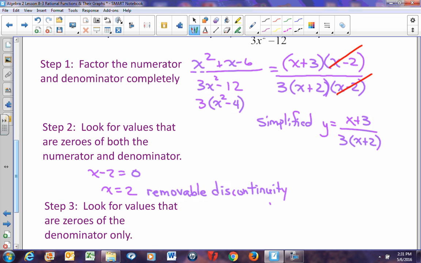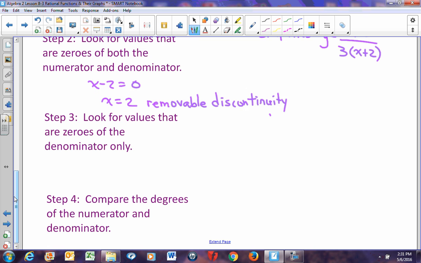Now, we're going to look for the values that are zeros in the denominator only. If I do that, I have an x plus 2 left over, don't I? So x plus 2 equals 0, so x equals negative 2.